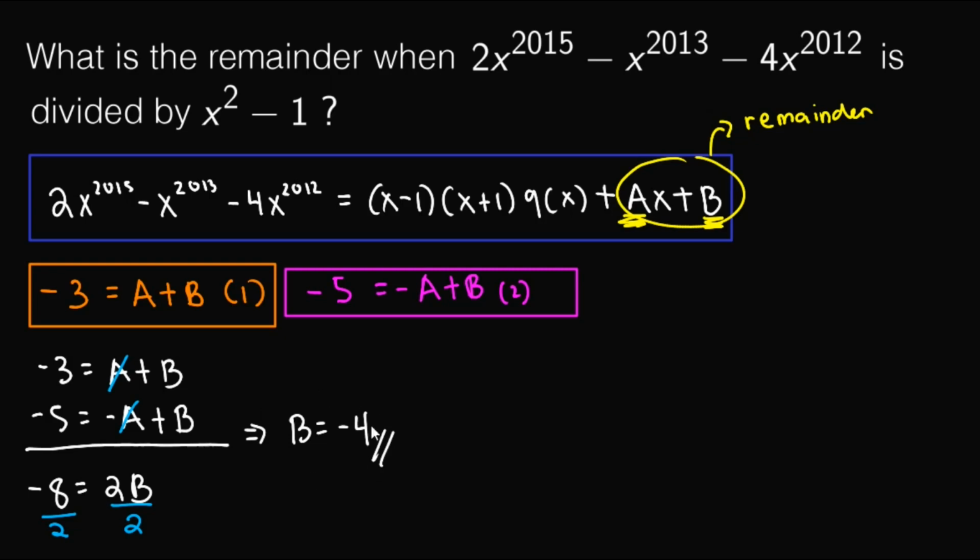After this, we just plug in negative 4 to either equation 1 or equation 2. So let's plug it in equation 1. So we'll have negative 3 equals a plus negative 4. So we simply add 4 to both sides, and we'll be left with a equals 1.